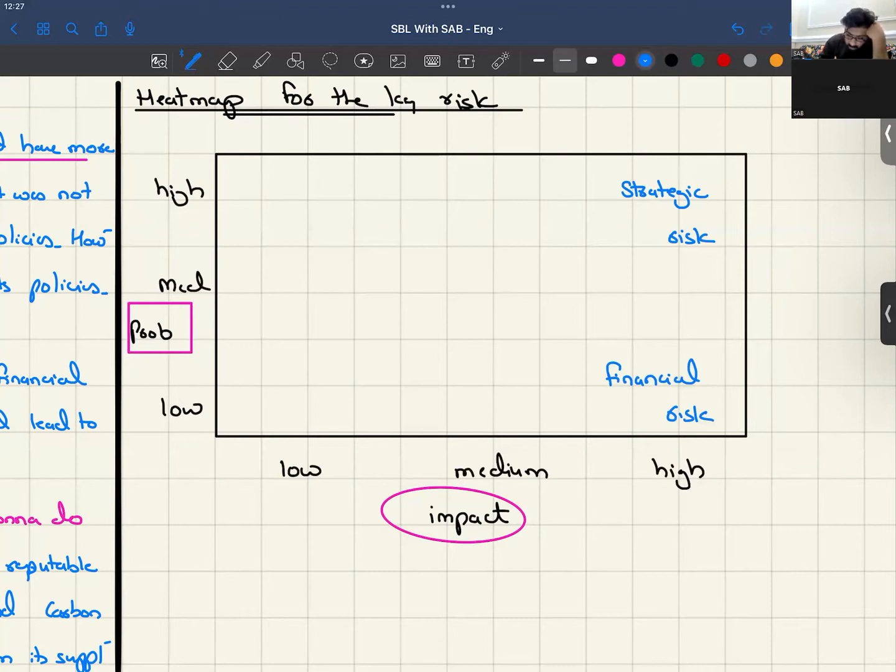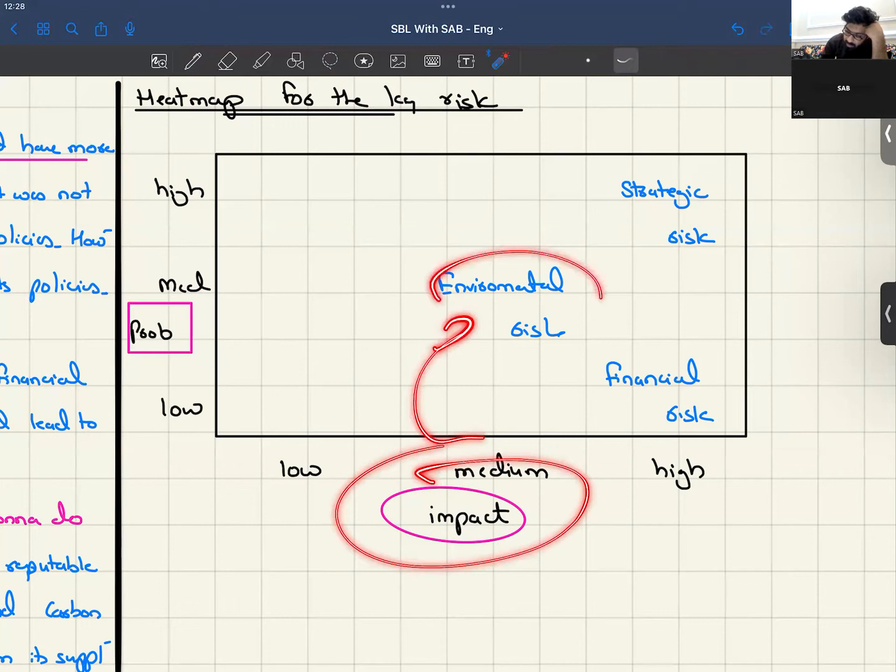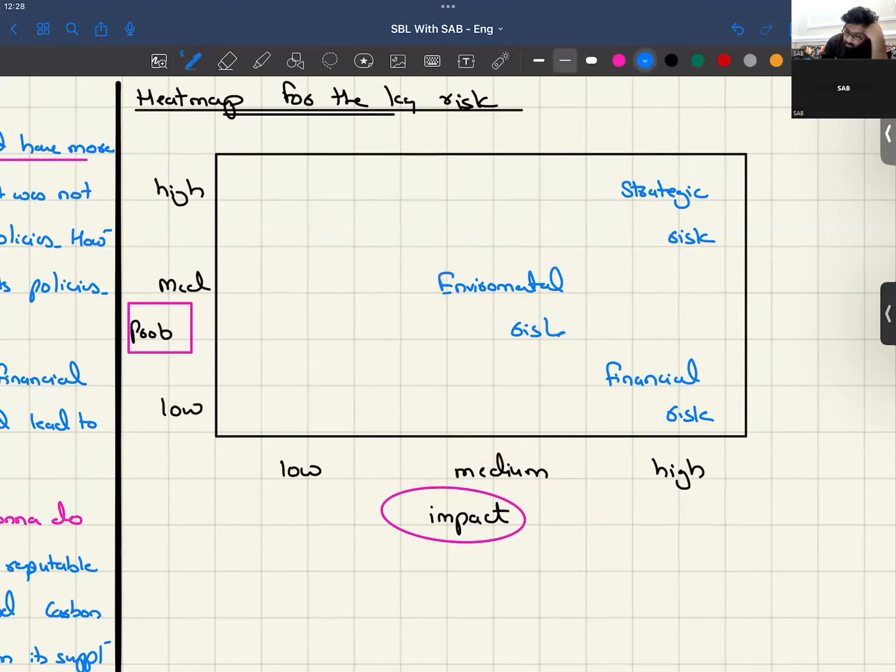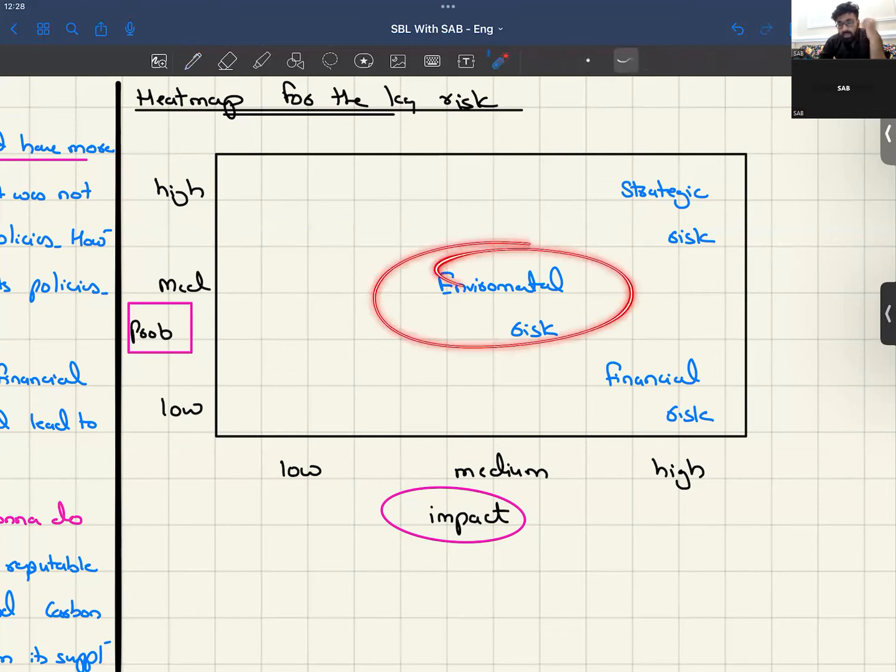And then environmental risk: according to me, it is medium impact. Obviously a minimal tax is going to be there, and probability is also there. If we didn't hire the consultants, we might end up paying carbon tax or severe penalties also.